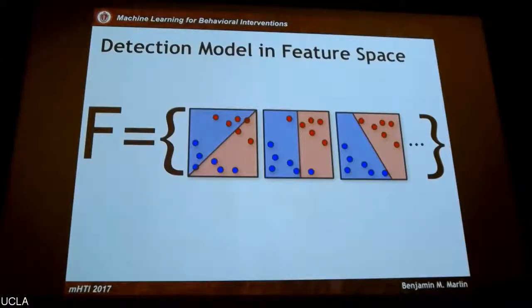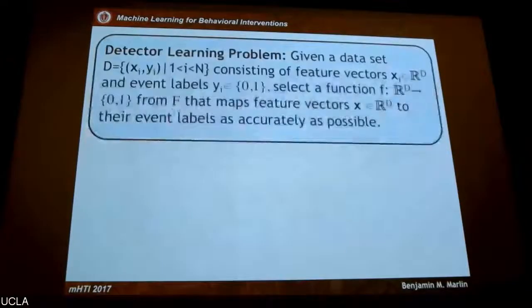And so the detector learning problem is which of these ones is the best? We can get any separator in any position. It has to be linear. You can't get anything else. So amongst this set of all possible, uncountably infinitely many possible maps, which one is the best one? So formally, again, in terms of the detector learning problem, we're going to try and solve this problem by collecting a sample of data.